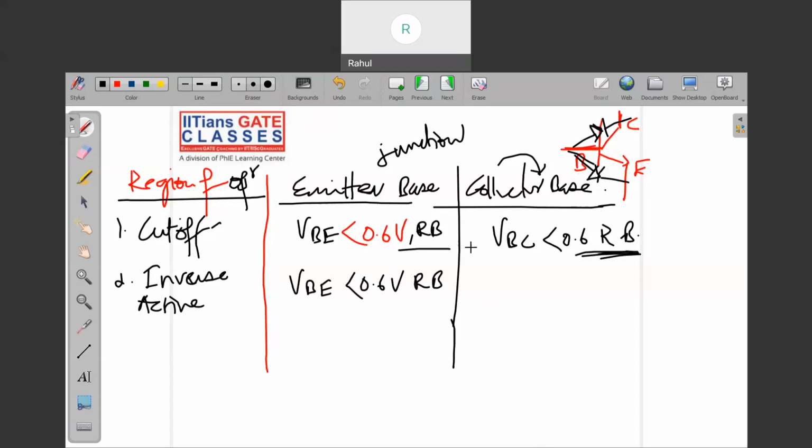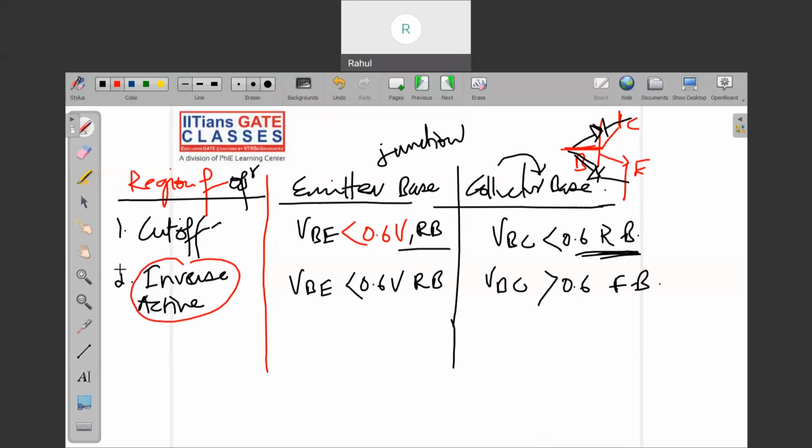And then you can say your BJT is in inverse active mode, right?